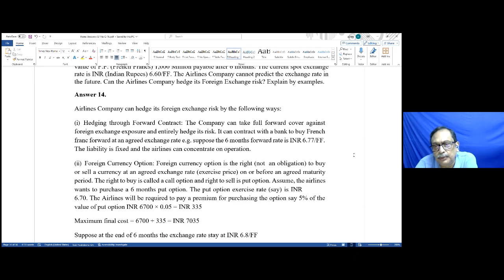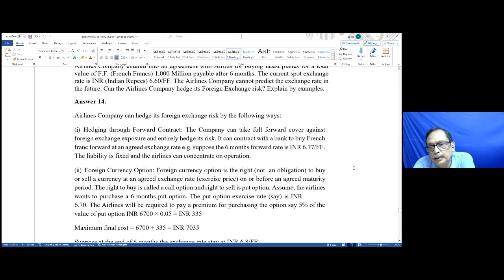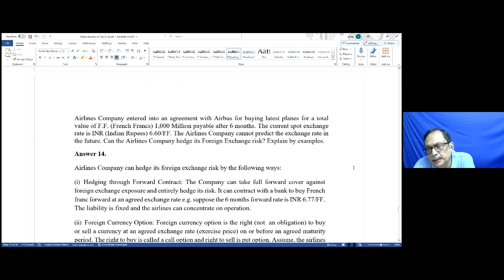Namely, for example, suppose the 6 months forward rate is INR 6.77 per FF. This figure you have to assume. The liability is fixed and the airlines company can concentrate on operation.